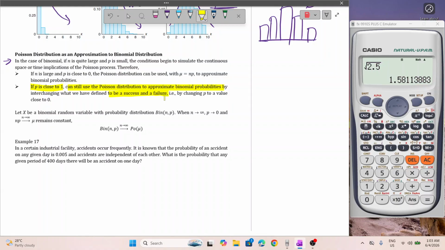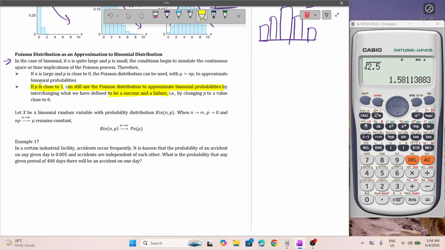Because in the probability statistical table for the binomial, the probability of success value is only up to 0.5. So when p is close to 1 or greater than 0.5, we need to change the p and the q.